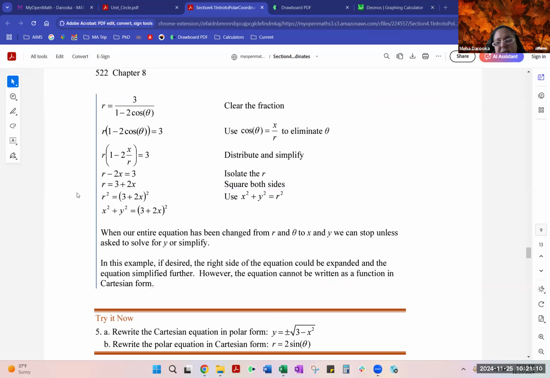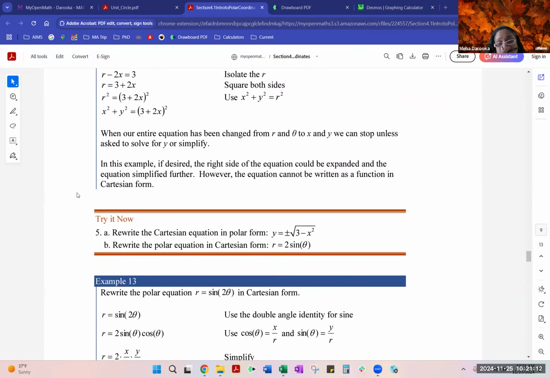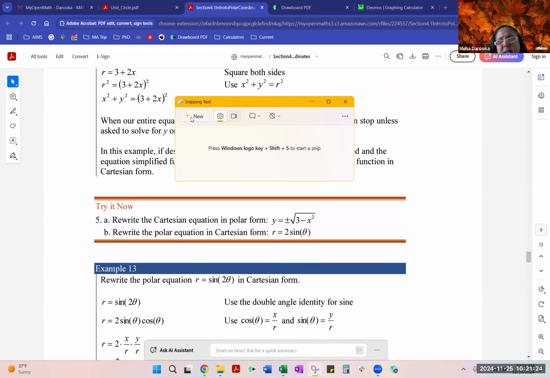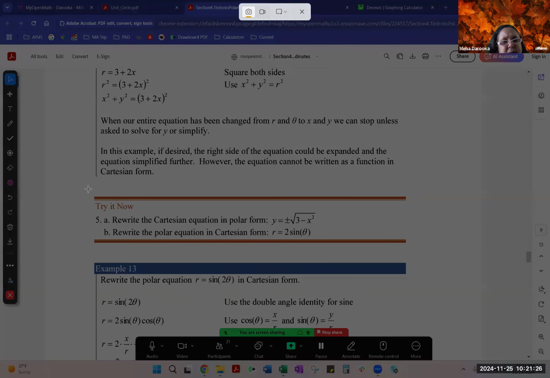Alrighty, so as you can see, they're kind of giving us examples to work through some of these conversions ourselves. So let's start out with, I'm not sure it's gonna let me copy those.